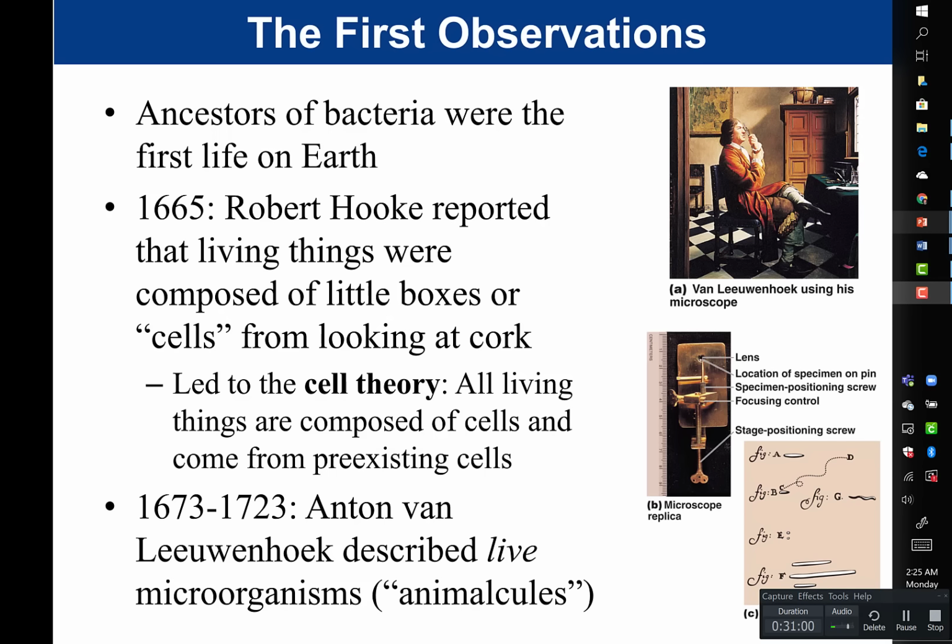It has this little pin where you can put the specimen. It has a lens. And so he would take the rainwater or the scrapings from the teeth, put them on this pin, use this lens, and he would view those samples.